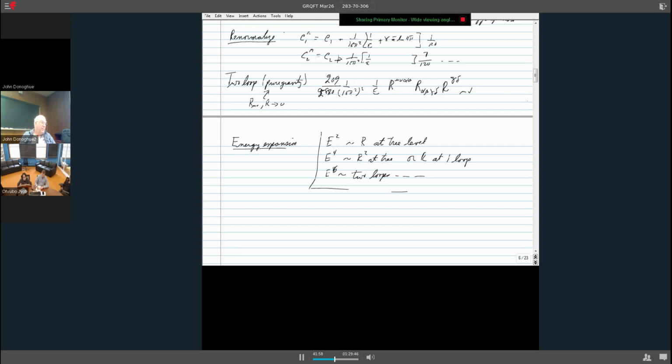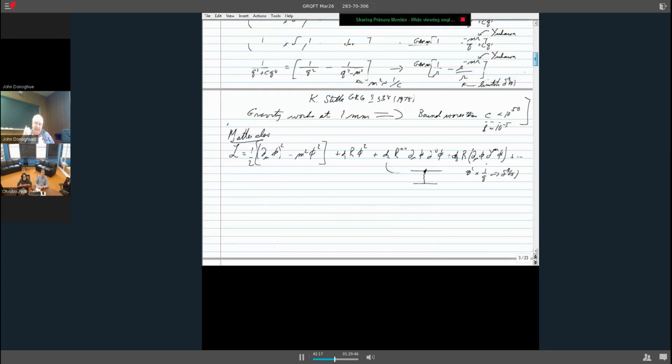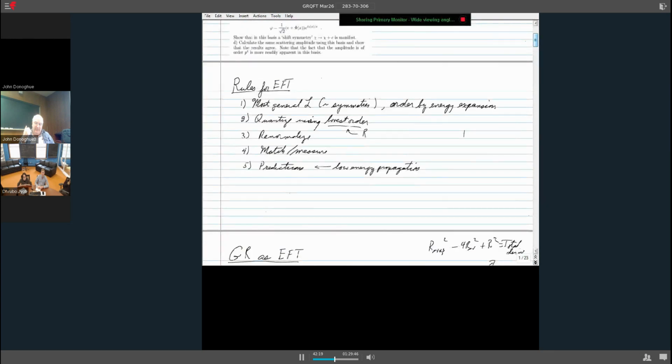At energy to the fourth, which is 4-derivative R squared, tree level for R, one loop. We used the lowest order Lagrangian at one loop and got R squared. And then it keeps going.